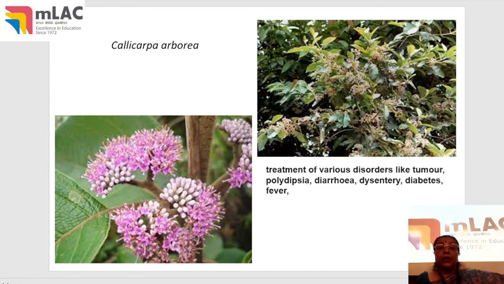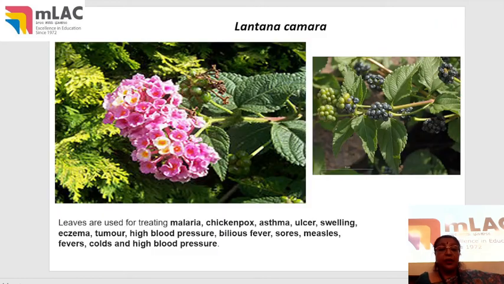Similarly, you find Callicarpa arborea, which is medicinally important, and is used for many gastroenteritis diseases, diarrhea, dysentery, diabetes, and various other intestinal disorders.